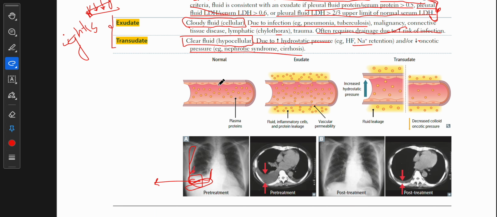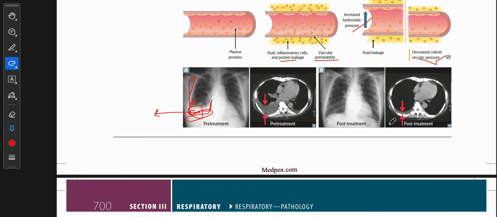So in normal there are plasma proteins like this, but in exudate, fluid, inflammatory cells and protein leakage occurs due to increased vascular permeability. And in transudate, there is either increased hydrostatic pressure or decreased oncotic pressure, which will lead to fluid leakage, right?